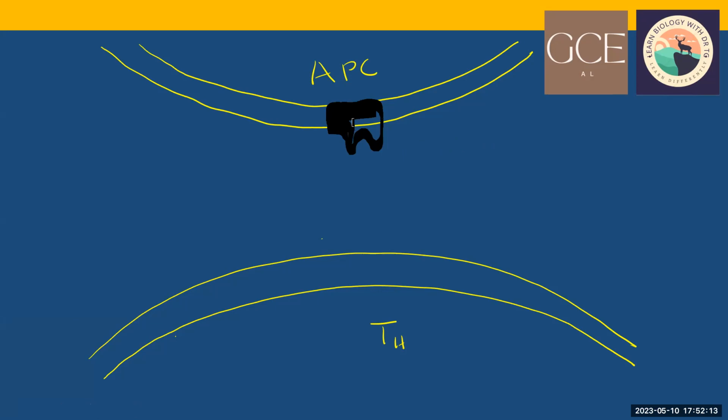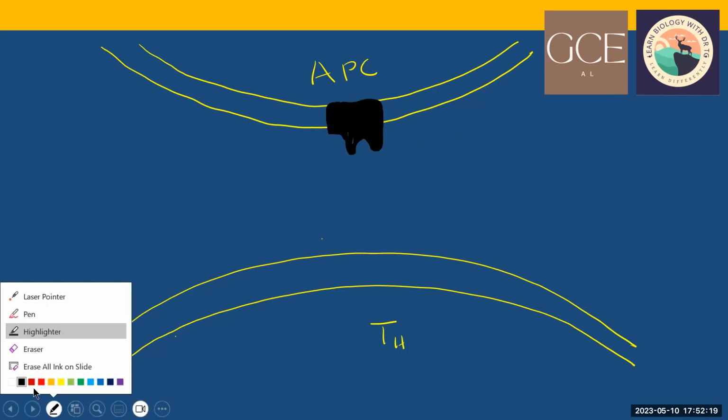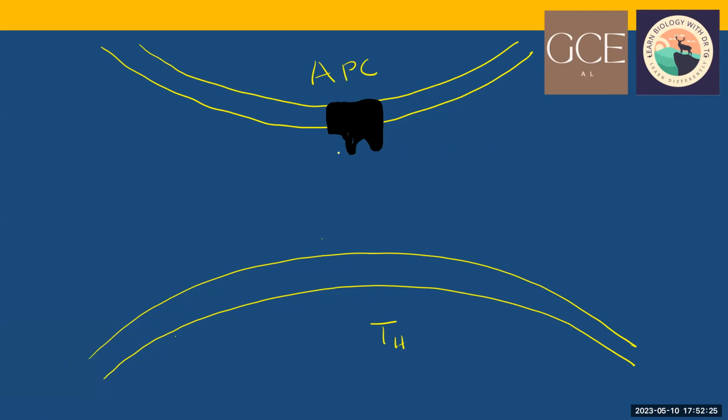So let's say this is the MHC protein. And I told you MHC protein is very closely attached with antigen. Antigen is a polypeptide like this. This is antigen and this is MHC protein.